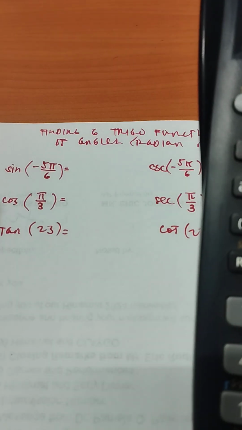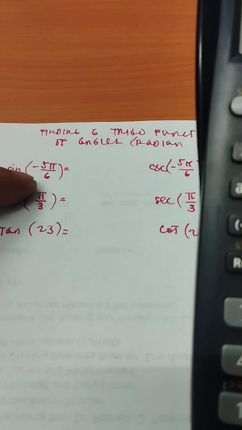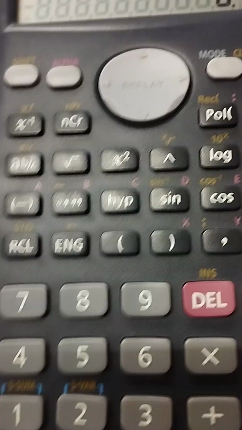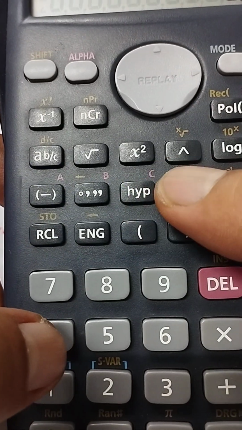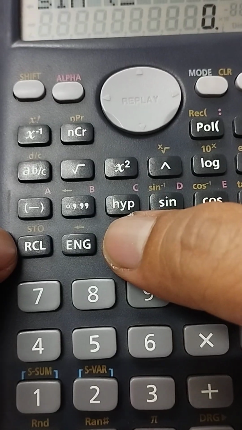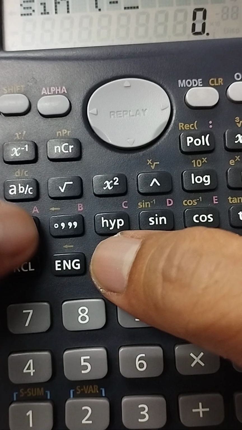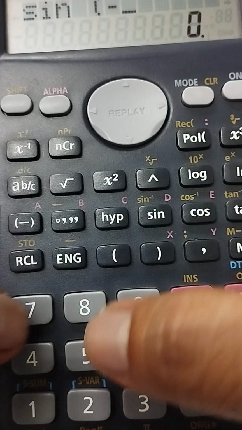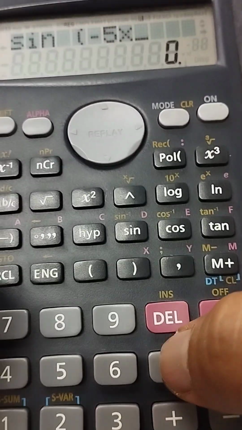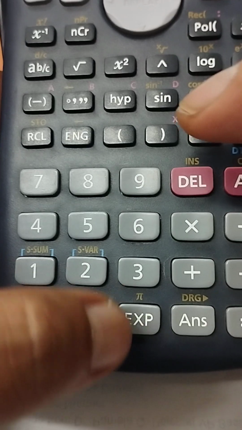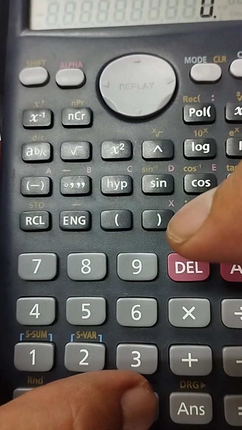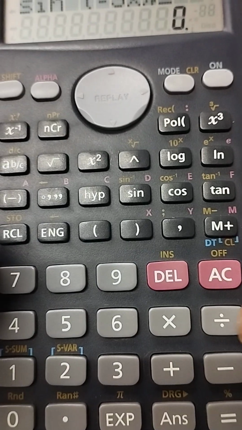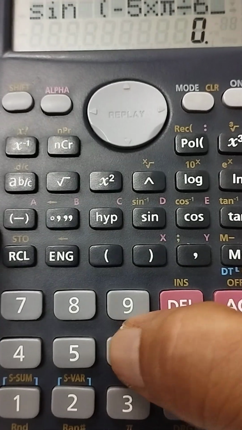Okay, so to solve for sine of negative 5 pi over 6, assuming that you are in radian mode, you just have to press sine, then open parenthesis, then negative 5 times shift pi. There's a pi under the exponential function key, shift pi, divided by 6, then close parenthesis.